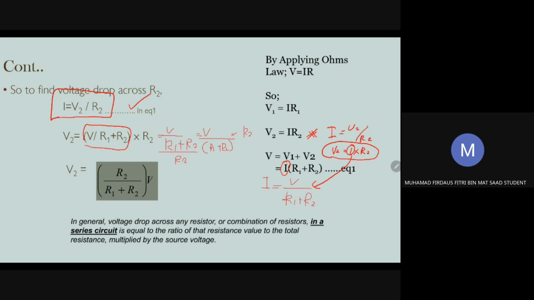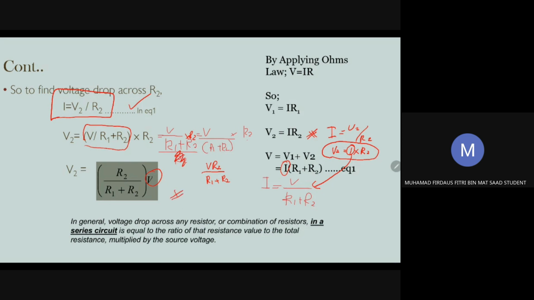So it becomes V R2 over R1 plus R2. You take out V outside, so the formula for V2 is R2 over R1 plus R2 times V.